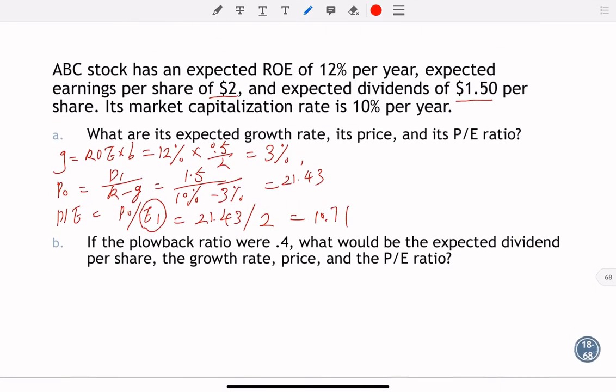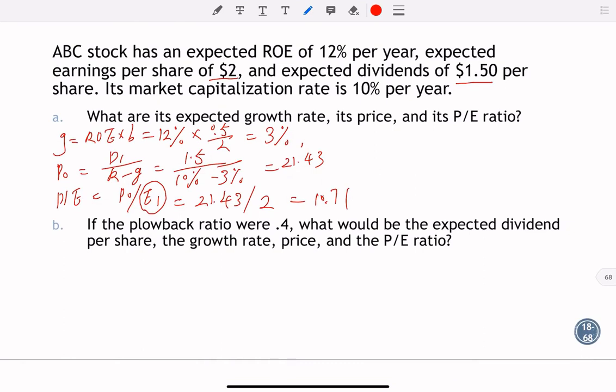Let's look at B here. If the plowback ratio were 0.4, what would be the expected dividend per share, the growth rate, price, and the PE ratio? It's essentially the same, except now we're having a different plowback ratio. If the plowback ratio was 0.4, then the dividend equals earnings times 1 minus the plowback ratio.